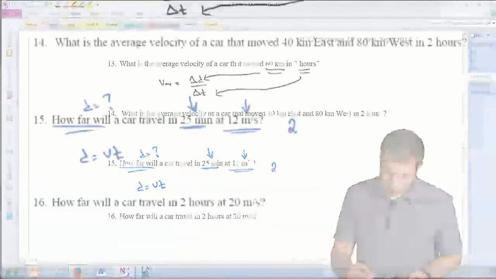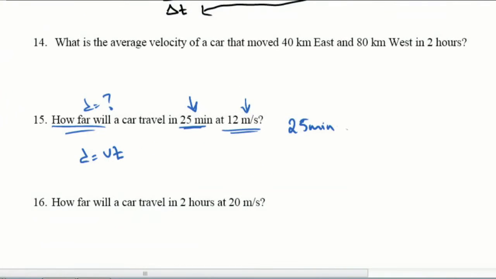So if we have 25 minutes, we want to get rid of minutes, and we want to end up with units of seconds. So if I have minutes on the top, I want to get rid of it. I'm going to put it on the bottom, and I want to end up with seconds, so I'll put it on the top. Now, what is the relationship between minutes and seconds? Well, hopefully we remember 1 minute is 60 seconds.